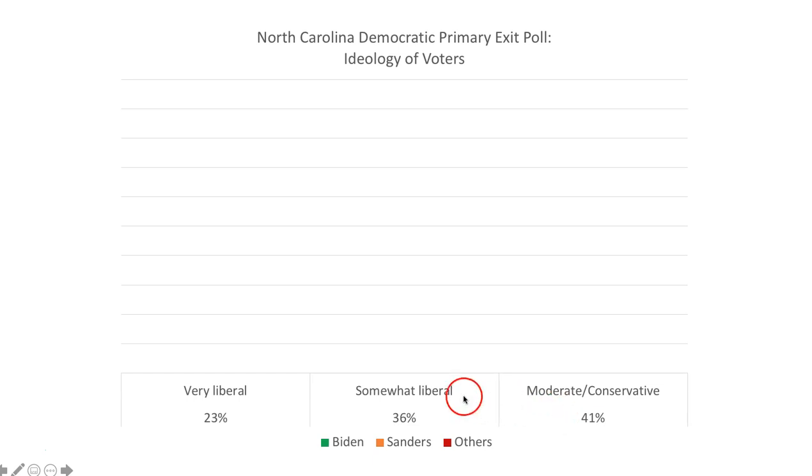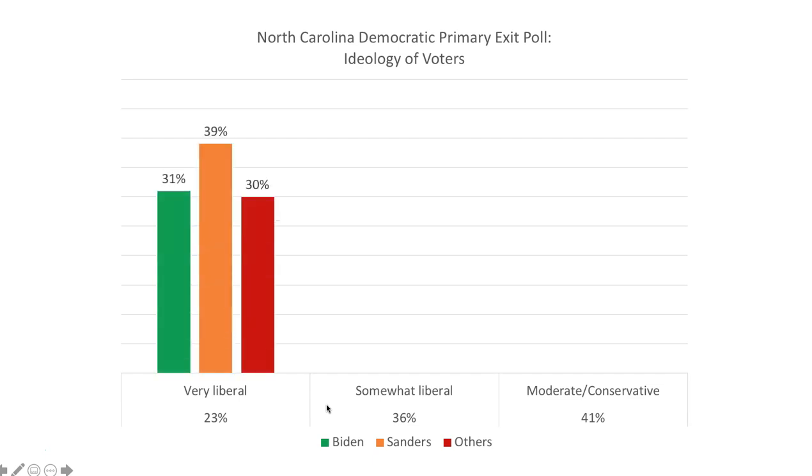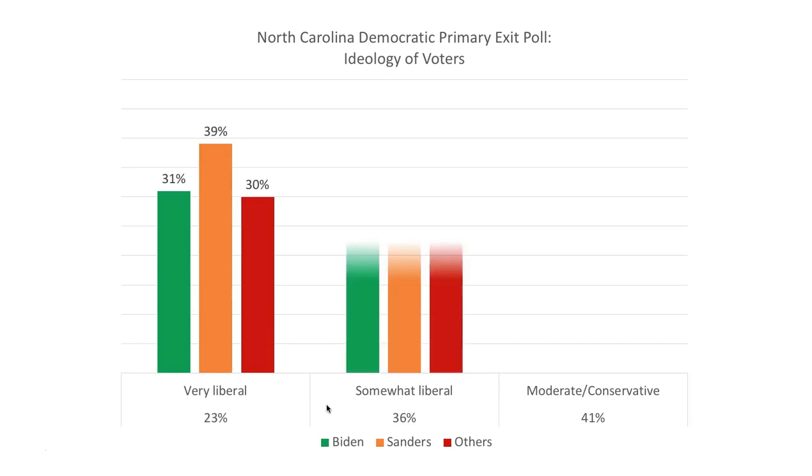Now, when you ask each of these groups, how did you vote? Did you vote for Biden, Bernie Sanders, or some other candidate? Among the very liberal Democratic voters, a plurality, nearly 40%, voted for Bernie Sanders. Not too surprising. Among somewhat liberal voters, much more so towards Joe Biden and to others, where Bernie Sanders falls to 23%.